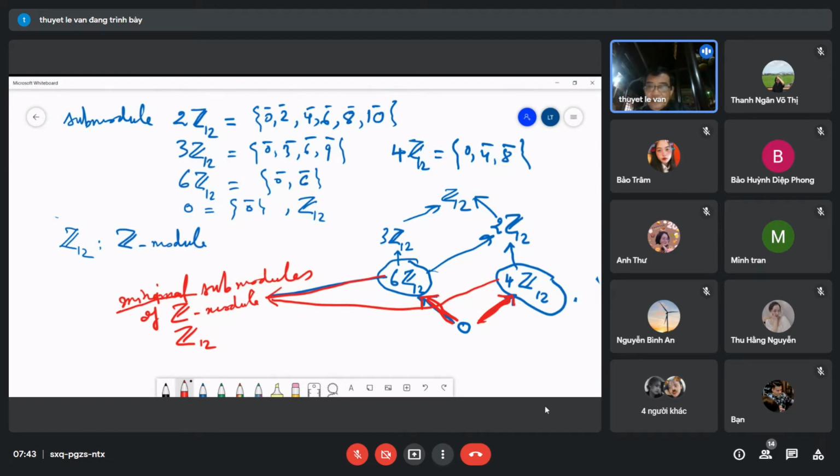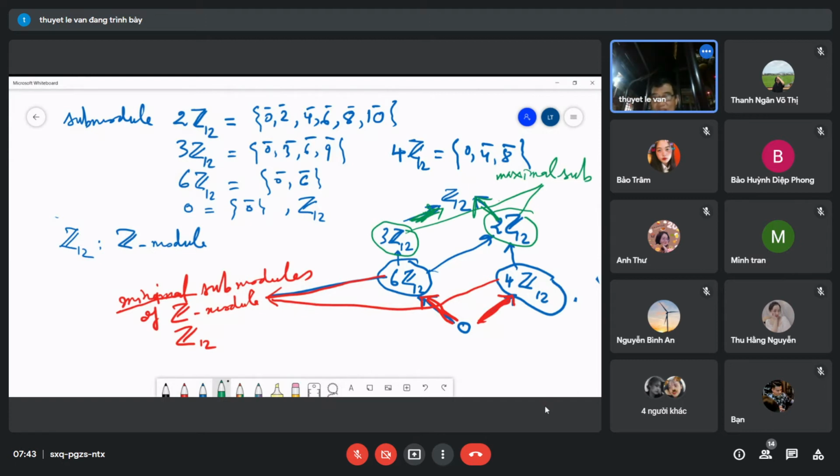Okay, here, and then you can see that is a maximum submodule of Z12, because between here there is no submodule.